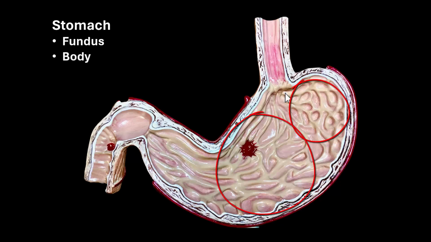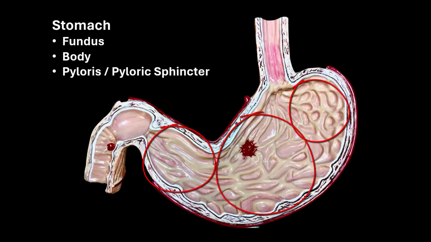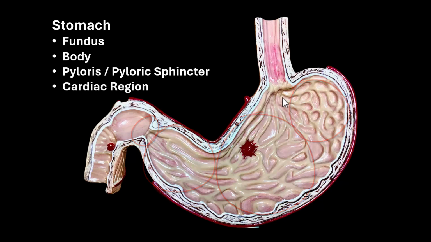We have the body, which is here. And then we have the pylorus, or pyloric region. And this would be the pyloric sphincter opening up into the duodenum. And then here would be the cardiac region. Now the cardiac sphincter is the same as the lower esophageal sphincter.